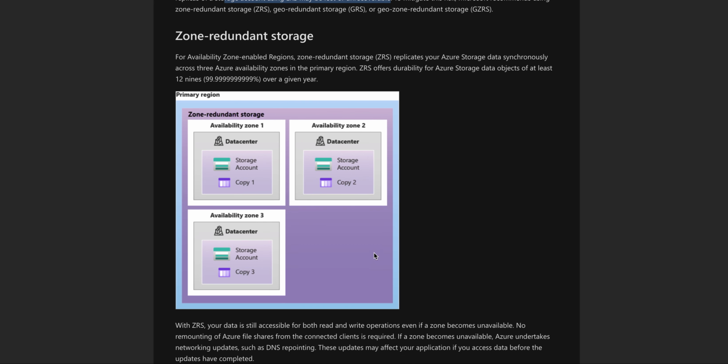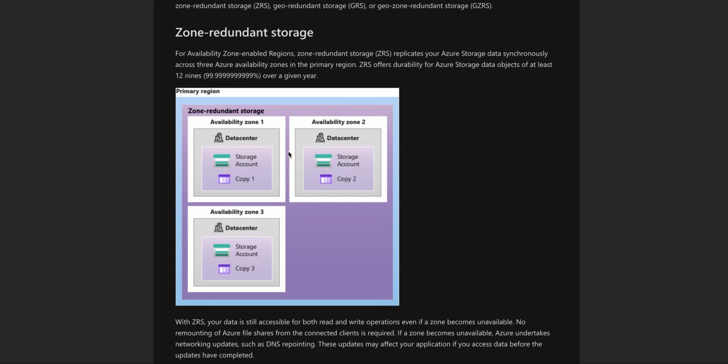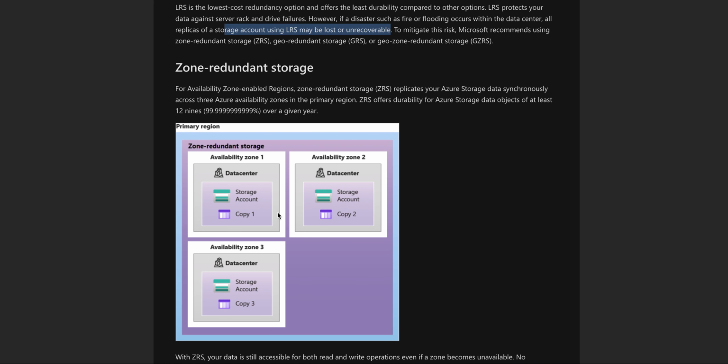But if a data center fails, like if there's some flooding or fires, then you can still use the other 2 data centers.